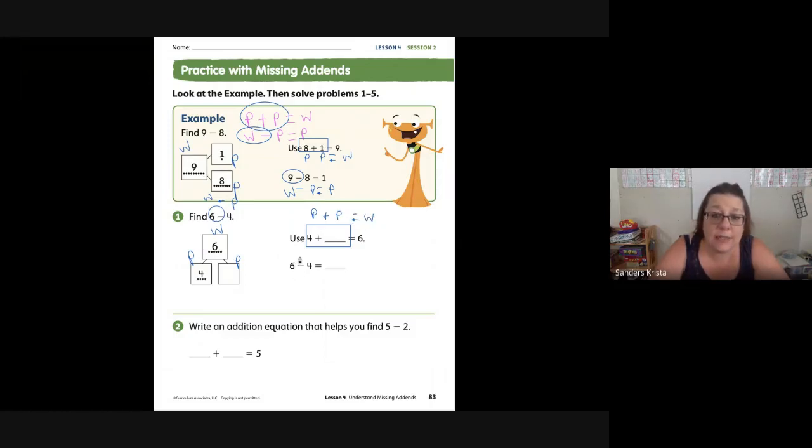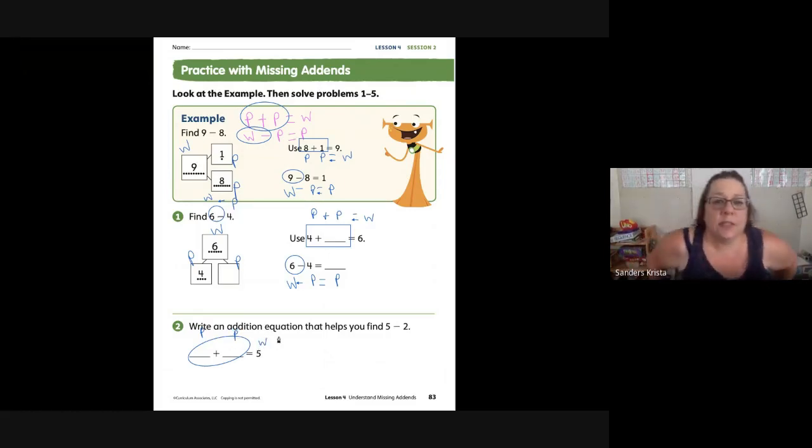There's a minus. Whole minus a part equals the part. Here's a plus symbol. That means everything around the plus symbol on this side and this side has to be a part. A part plus a part equals the whole.